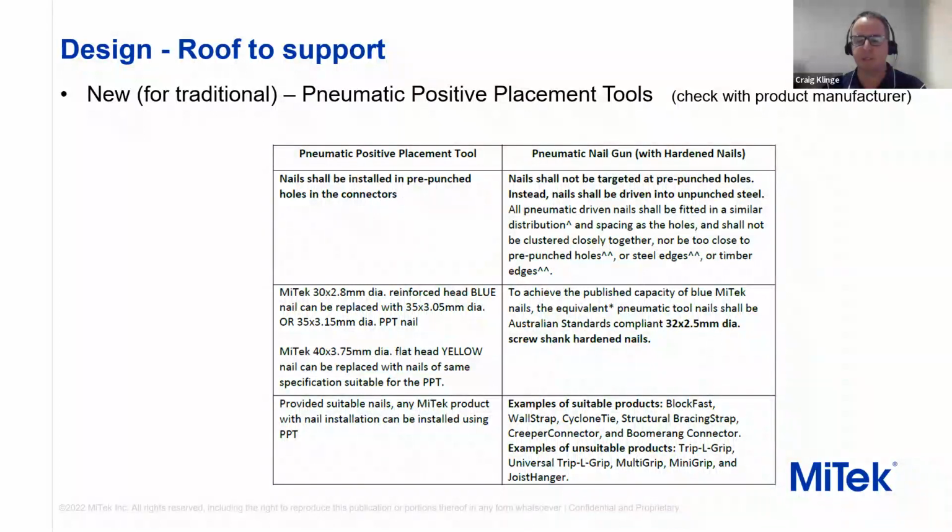They would have done some testing as far as how the positive placement nails work with their systems. So these are a new option for a traditional product, which allows you to use the pre-punched holes as your nailing pattern rather than trying to create pneumatic nails through the steel and observing all of the minimum edge distances and getting a similar nail pattern to what the punched holes might have been.